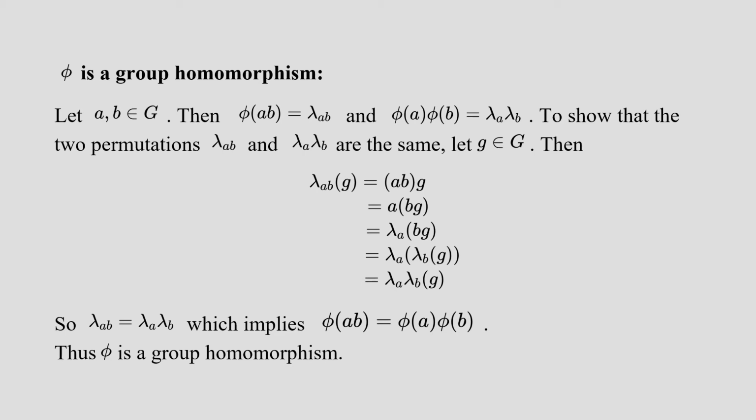Again, by the left regular representation, we get a times bg as lambda sub a of bg. We will get lambda sub a of lambda sub b of g, which is also equal to lambda sub a lambda sub b of g. So, we can see that lambda sub ab equals lambda sub a times lambda sub b, which implies phi(ab) equal to phi(a) times phi(b). Thus, phi is a group homomorphism, and this completes the proof of Cayley's theorem.